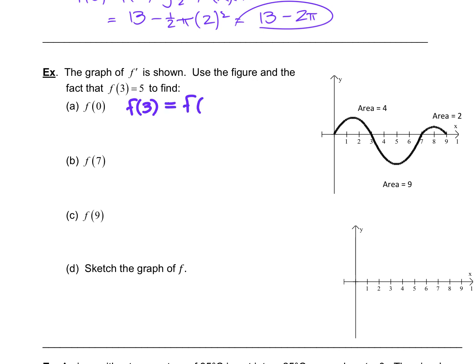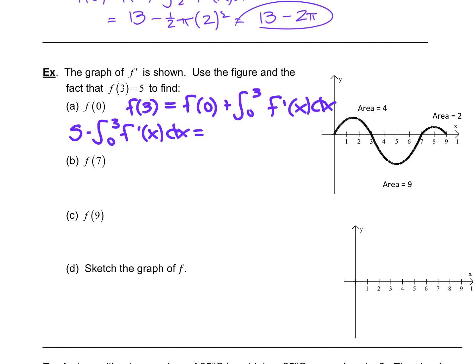But f of 3 equals f of 0 plus the integral from 0 to 3 of f prime of x dx. Now, because you're solving for f of 0, there's going to be a subtraction involved here, right? So I could then say, okay, f of 3 is 5 minus the integral from 0 to 3 of f prime of x dx is equal to f of 0.